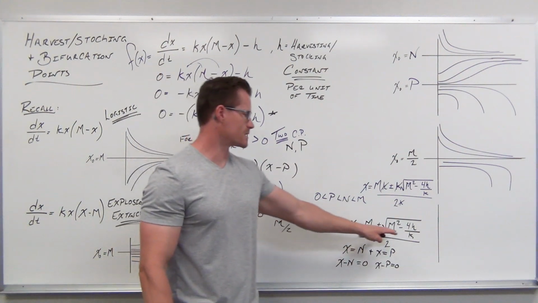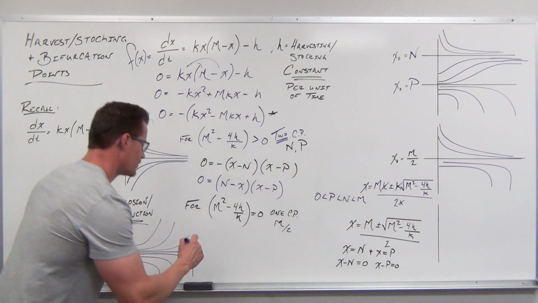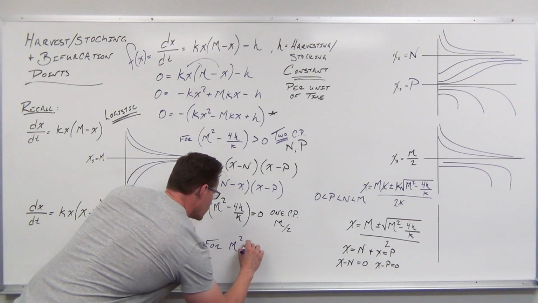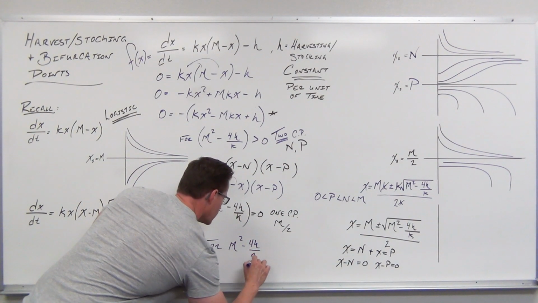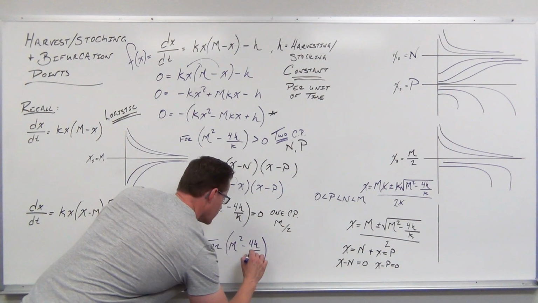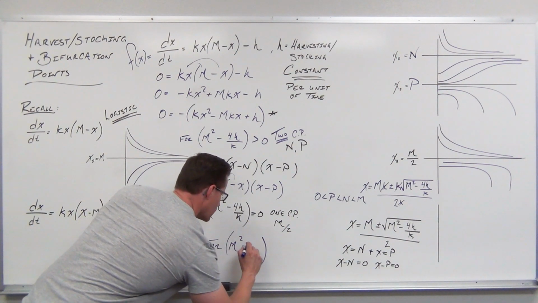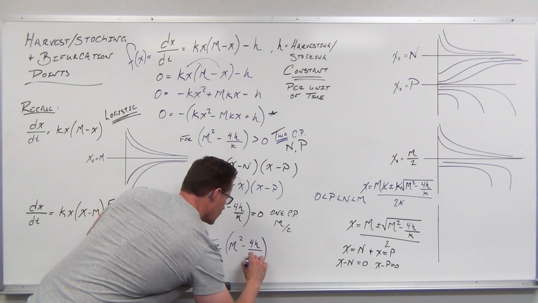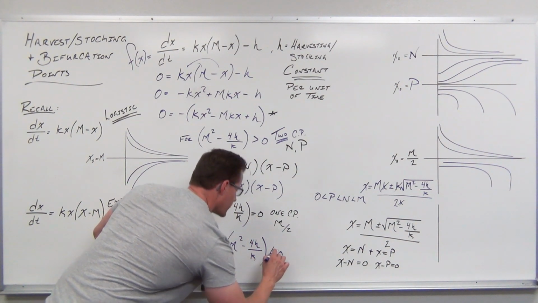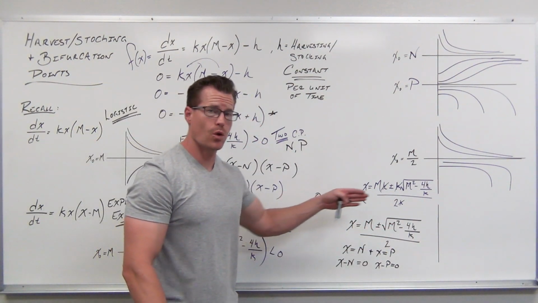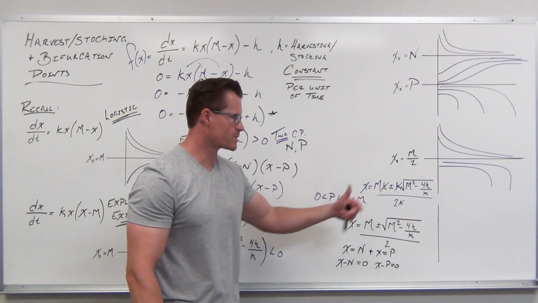Now what happens if this is negative? Then we have no real solution. We would have no critical point. We have no equilibrium solution.